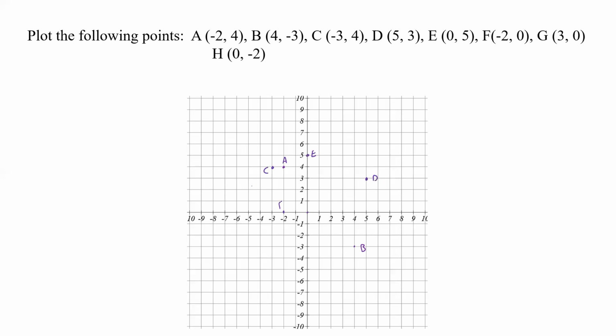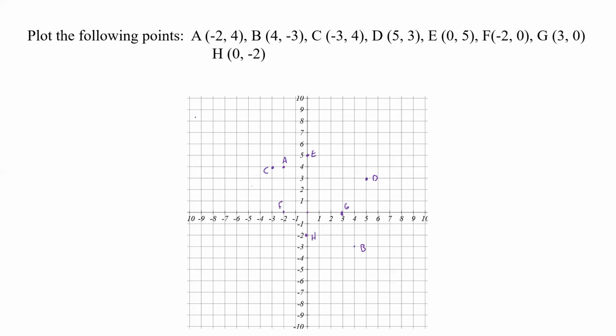And that's going to be our F. And then we have 3, 0. That's another x-intercept. That's over here. And so that's going to be our G. And our final one, 0, negative 2. That's going to just go straight down here. And that's going to be another y-intercept. And again, that was H.